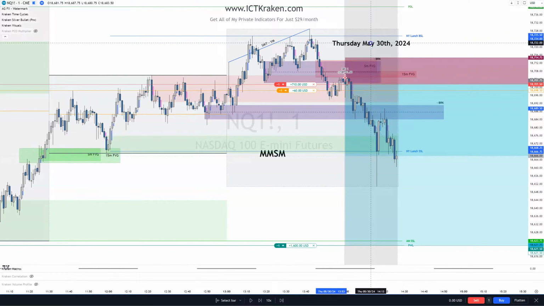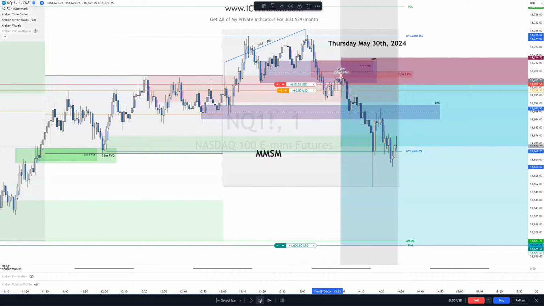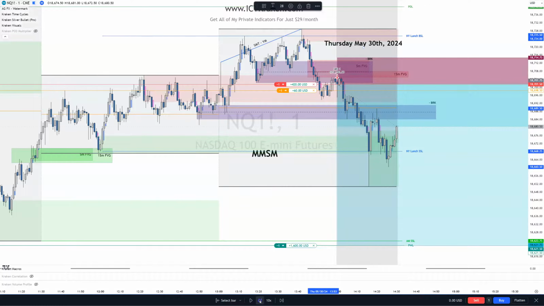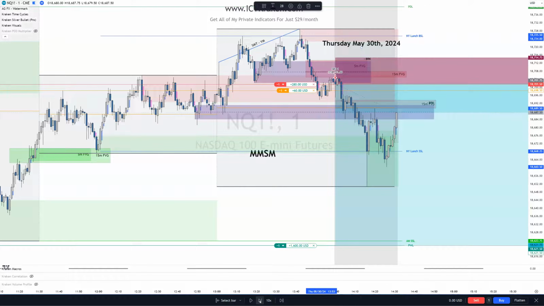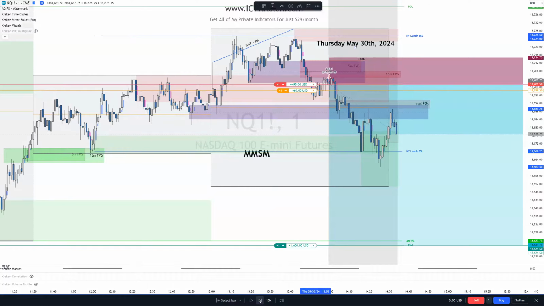Move this down here. That constant encroachment of that breaker block. Liking that being respected.